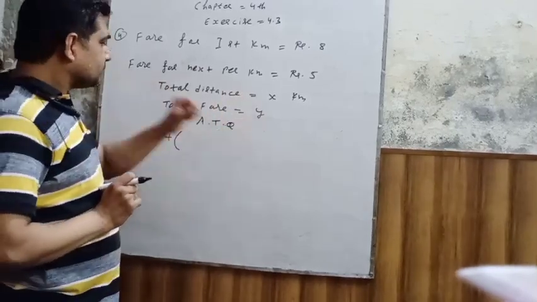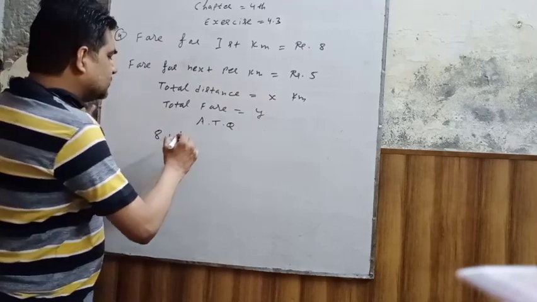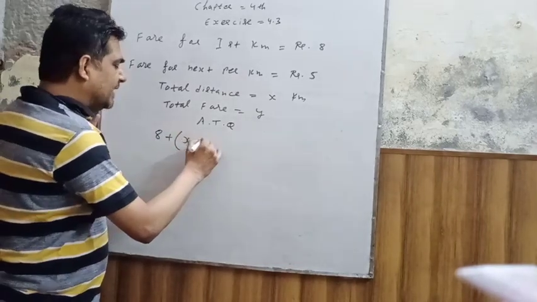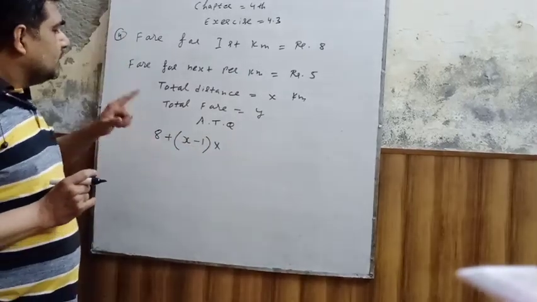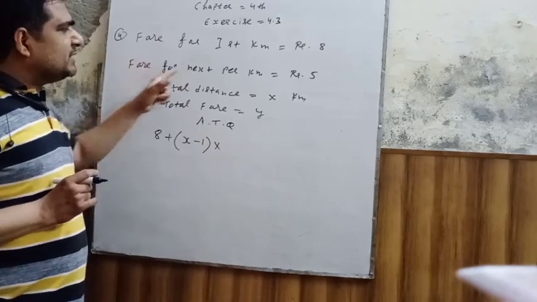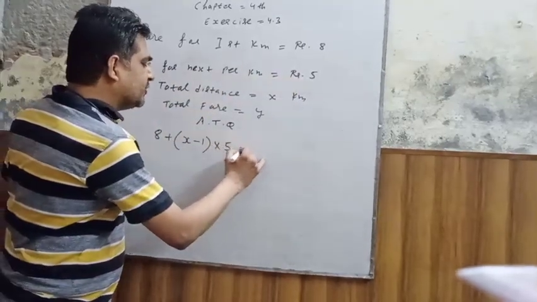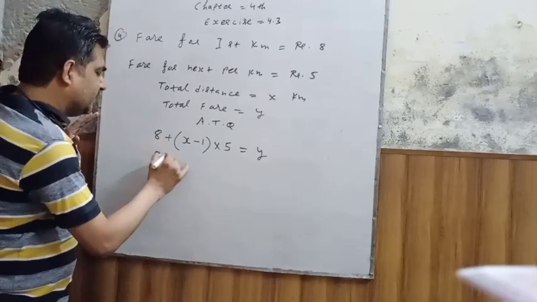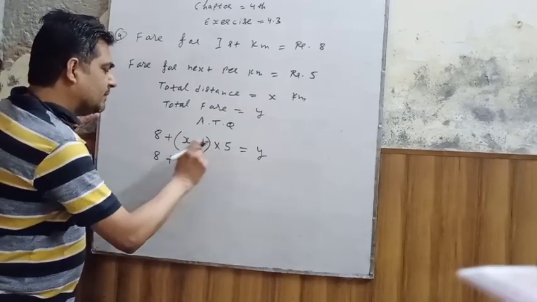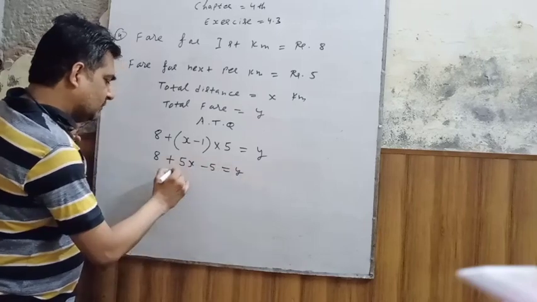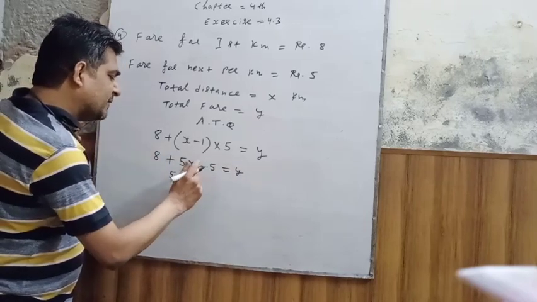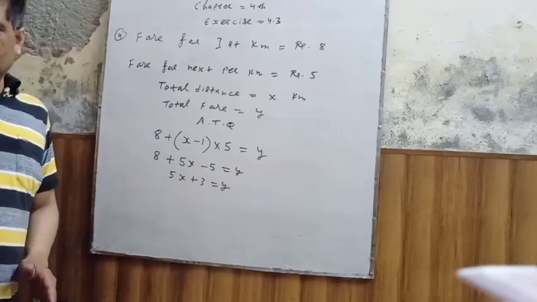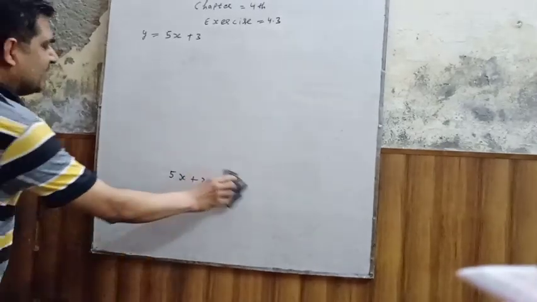Instead of total distance x, we subtract 1 from this because 1 kilometer is covered, so minus 1 into rupees 5 for each next kilometer, is equal to y, the total fare. 8 plus 5x minus 5 equal to y. 5x, 8 minus 5 is 3, equal to y. We have y equal to 5x plus 3.